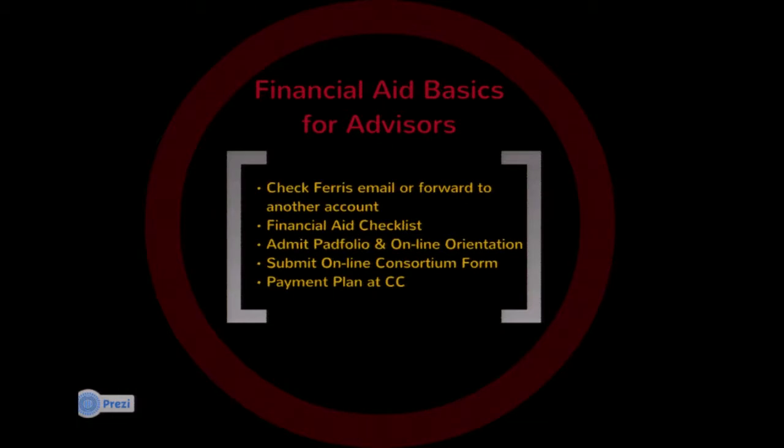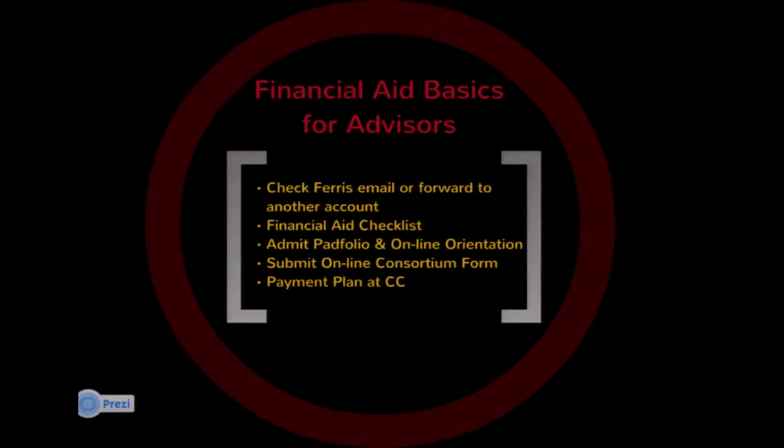Encourage students to be checking their Ferris email or forwarding their email onto another account. That is so important, especially for financial aid, because we send all of our financial aid emails, award notices, and missing requirements emails to their Ferris email. So if they're not checking that, they're not getting really important information that they should be.